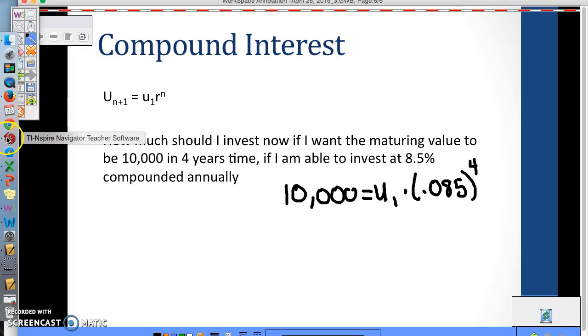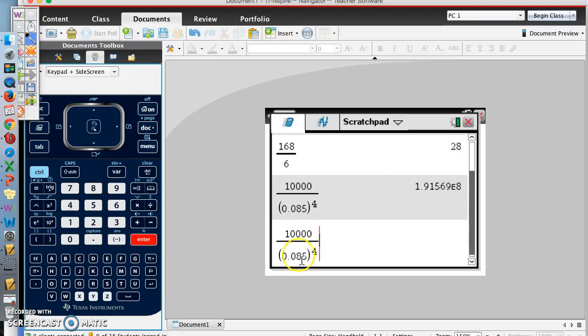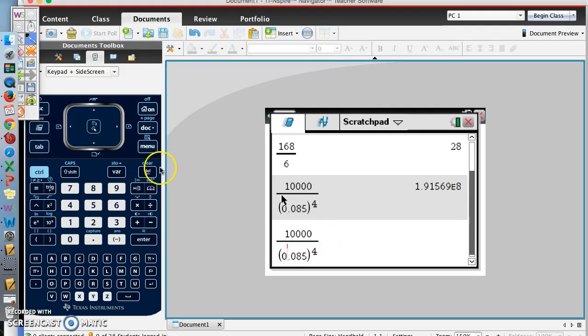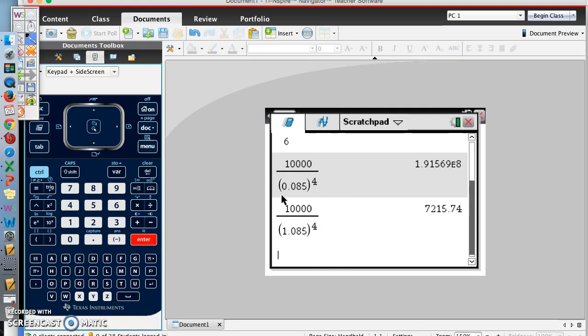What did I type in wrong? That seems like a crazy, oh, it should be times 1.085. Because our rate, we have to keep counting that year. So that's it. So if we go back up here, hit enter, delete, we have 1. So we end up with $7,215.